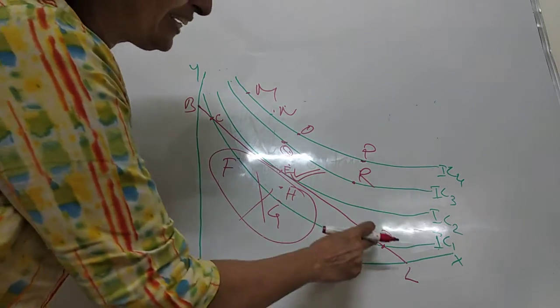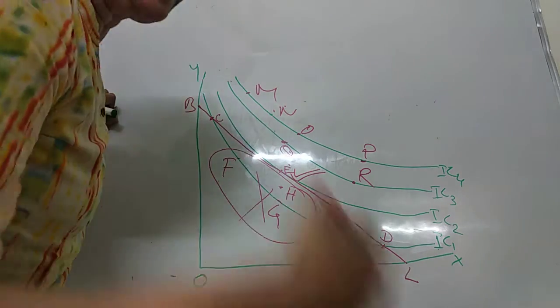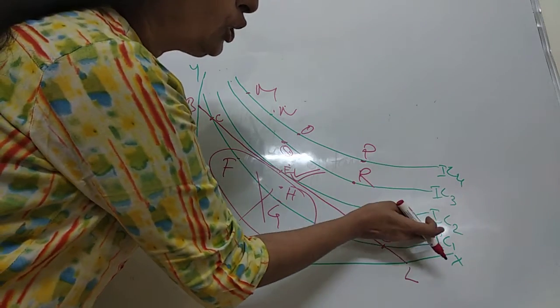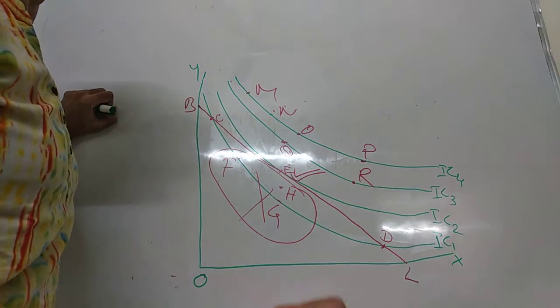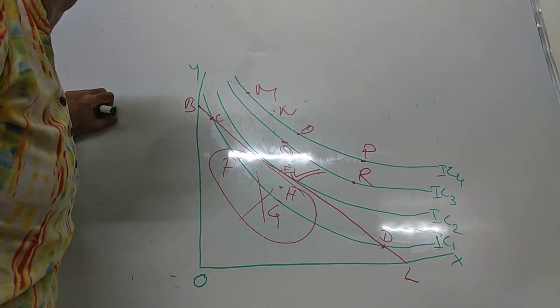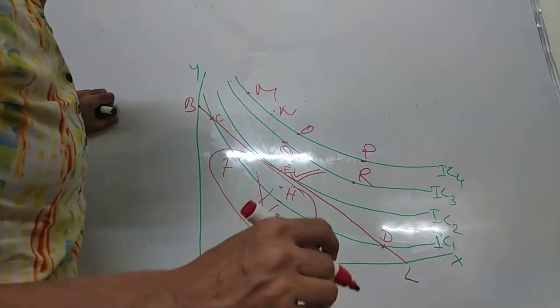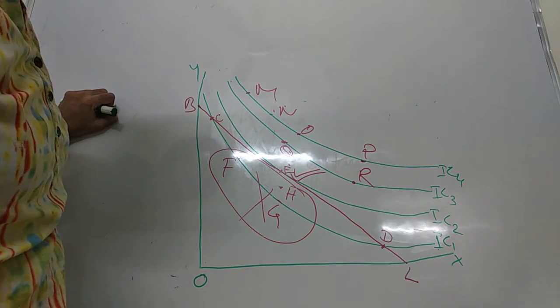Both C and D combination, though affordable, where the entire income is spent, they are lying on a lower indifference curve and hence will not give consumer the maximum satisfaction. E will be the level of consumption or the combination which gives him the maximum satisfaction.